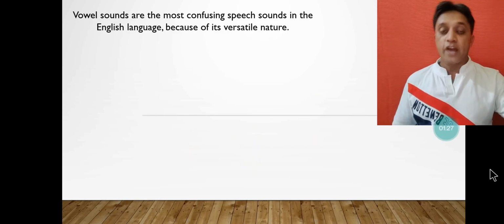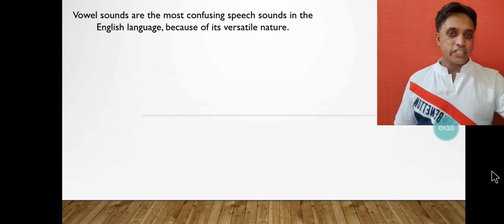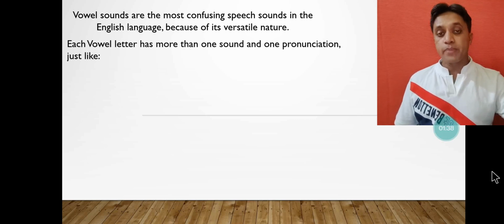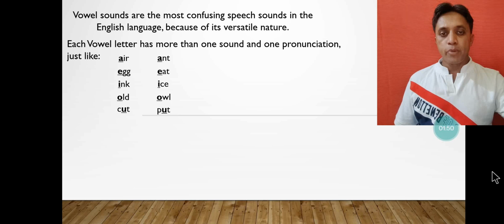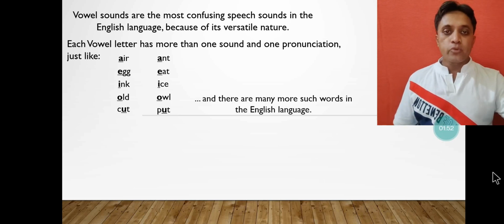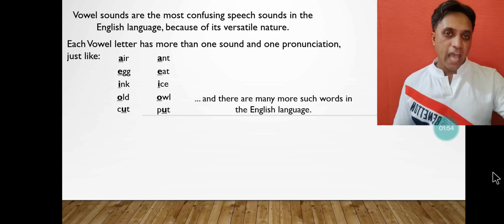Vowel sounds are the most confusing speech sounds in the English language because of its versatile nature. Each vowel letter has more than one sound and one pronunciation, like air, ant, egg, eat, ink, ice, old, owl, cut, put, and there are many more such words in the English language.